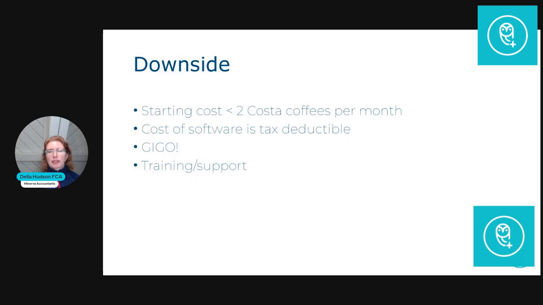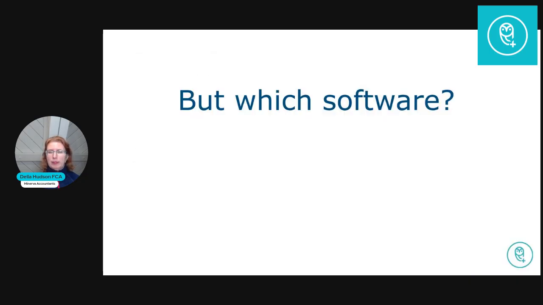The risk is garbage in, garbage out. So if your clients are putting in nonsense, they will get nonsense out, which is one of the things that we consider when we triage our clients. You will need to provide training and support for your clients, or make sure that it's available with the software.